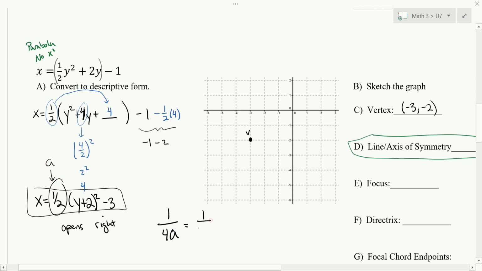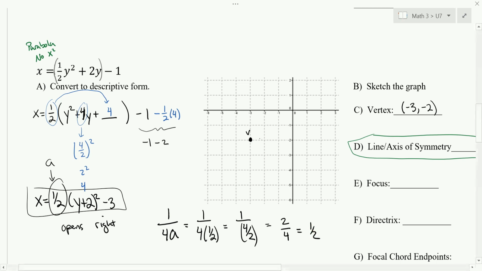So this is 1 over 4 times 1/2, which is 1 over 4 over 2. What would you do next to reduce this? Flip the fraction over, and then 1/2. We just get 1/2. So that's how far the focus is from the vertex.